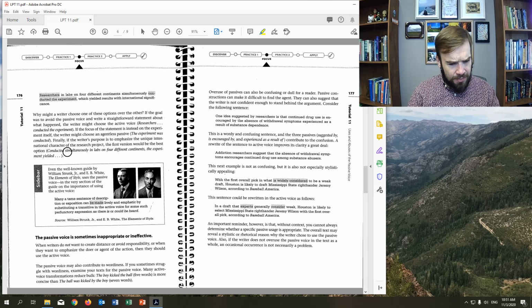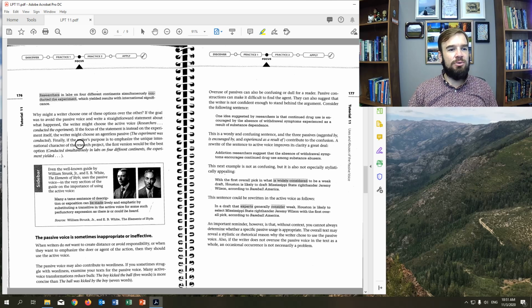And again, if you are really interested in this stuff, like I am, and you know I'm interested in it too, if you're really interested in the deeper elements of the passive voice, go back and reread pages 175 and 176 there. But again, even if you don't fully understand Professor Ferris's point here, that's fine.